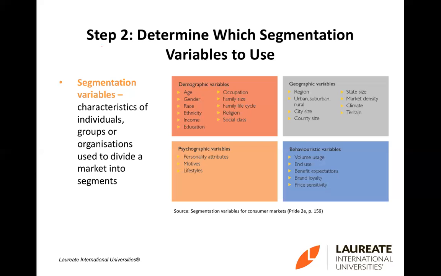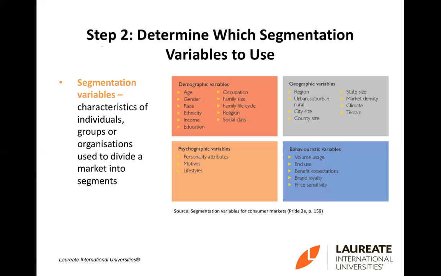So if you say that my target market consists of those who like energetic outdoor activities, for instance, then you're using a lifestyle segmentation variable. The behavioristic variable includes the attitudes and knowledge of the customers towards the product, such as the volume that they use, how they use the product.